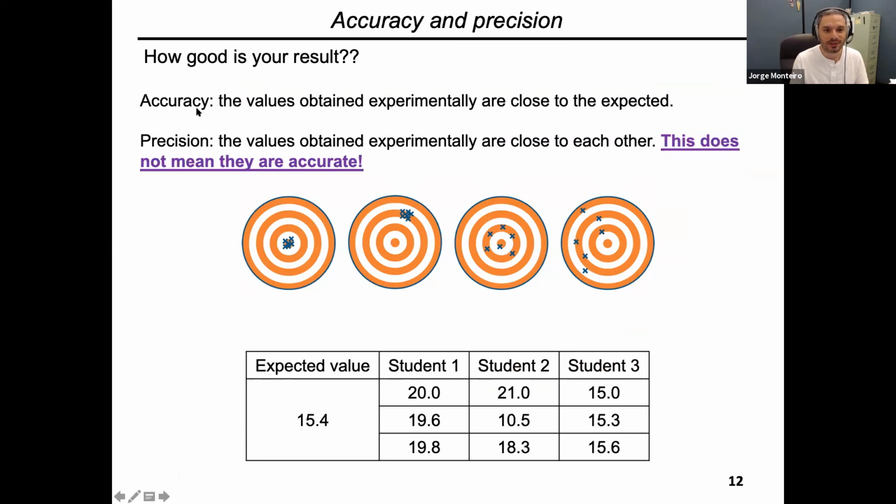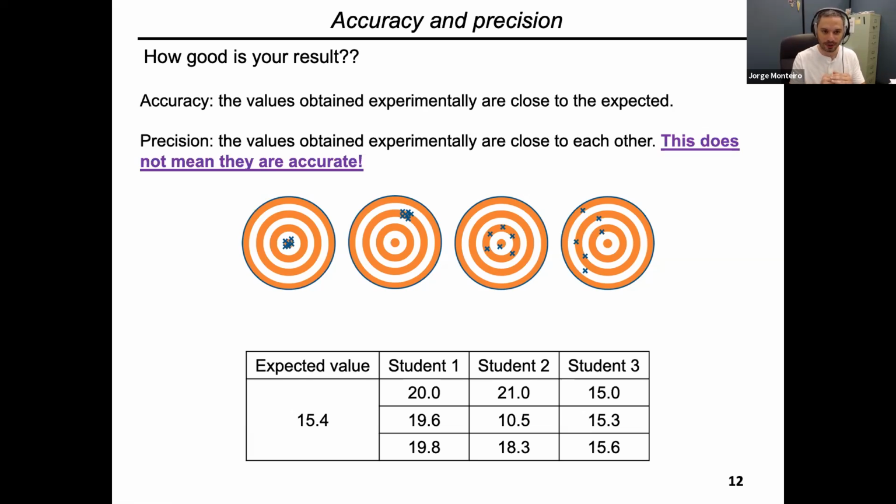Accuracy means that the values obtained experimentally are close to the expected, while precision means the values obtained experimentally are close to each other. This does not mean they are accurate.